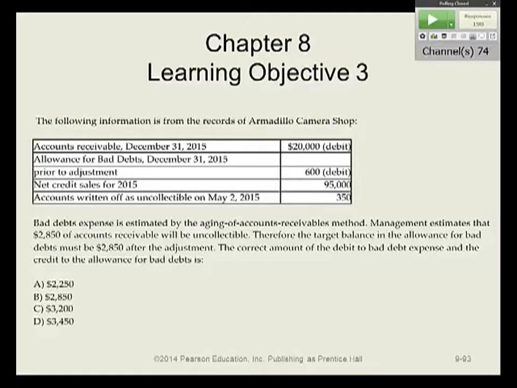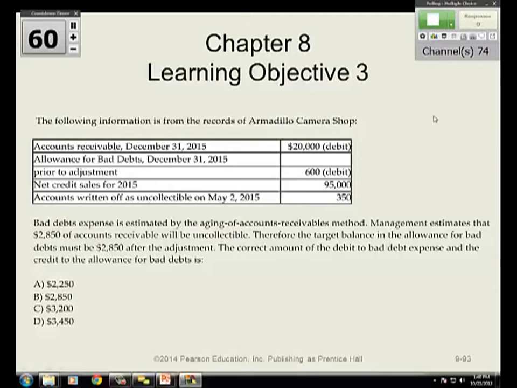So make sure you read what you have there. It tells you the target balance. Bad debt expense is estimated by the aging, very similar to some of the homework questions. Management estimates the target balance is $28.50.